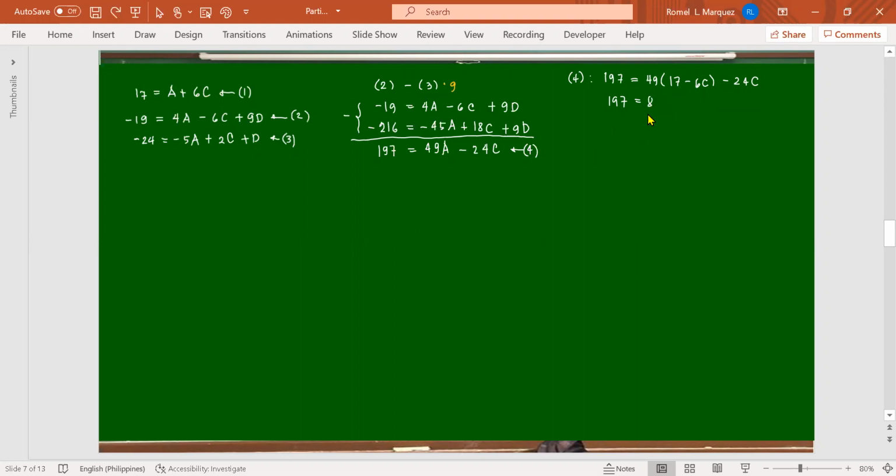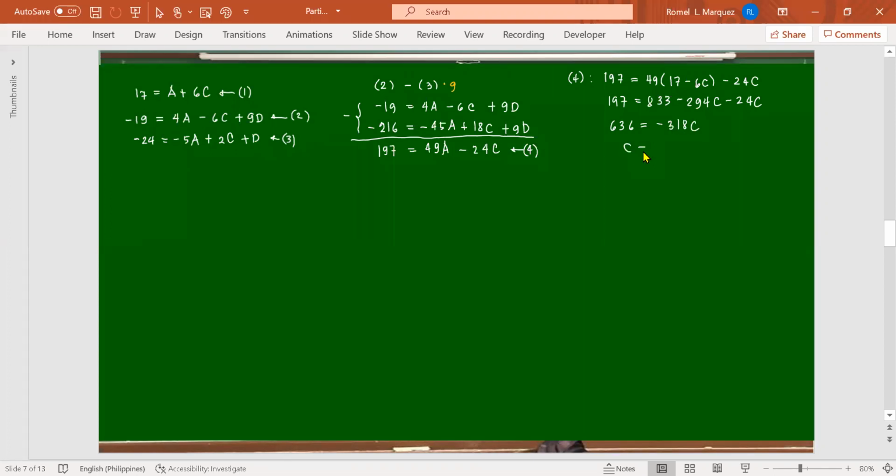Would you please check, guys? So 49 times 17. Then minus 49 times 6, 294C minus 24C. So 197 minus 833 is 636. And that is equal to 294 plus 24, 318, but that is negative, no? 318C.